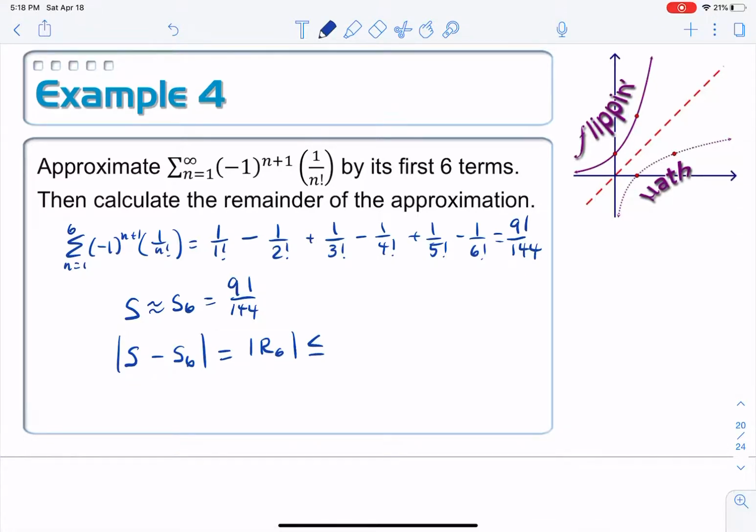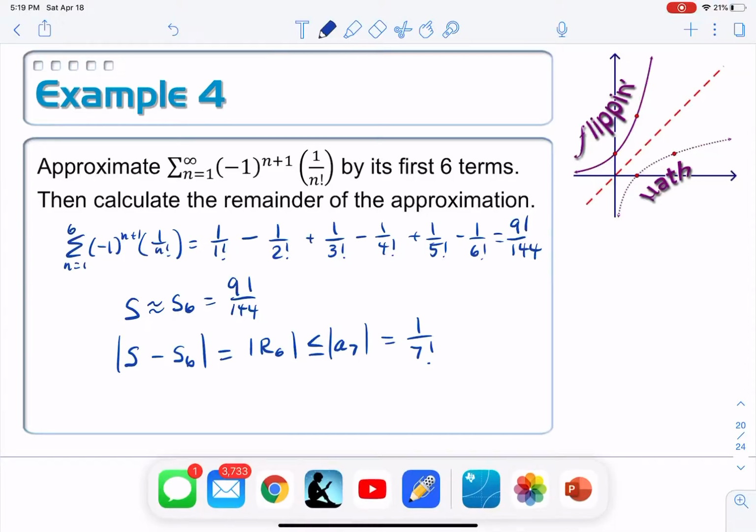Our first neglected term here is, let's see, what's our first neglected term? It would be the 7th one, which is A sub 7. A sub 7 is, if I were to take the absolute value of it, I can ignore the negative 1 alternator thing and just take 1 over 7 factorial.